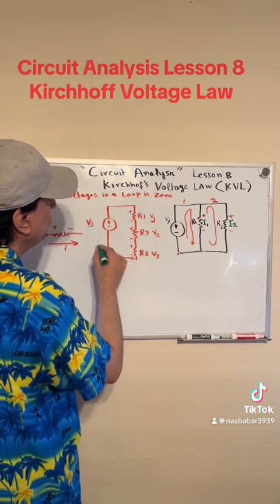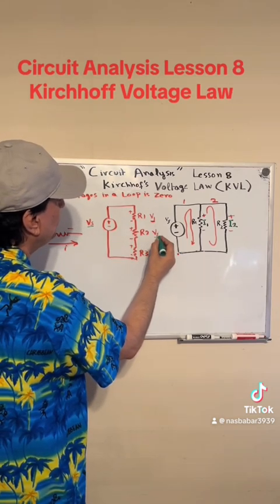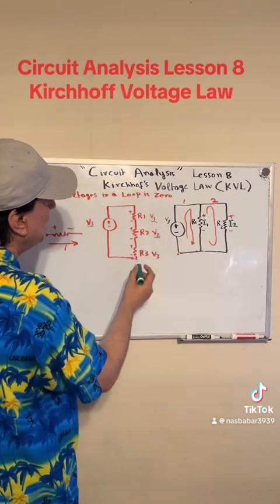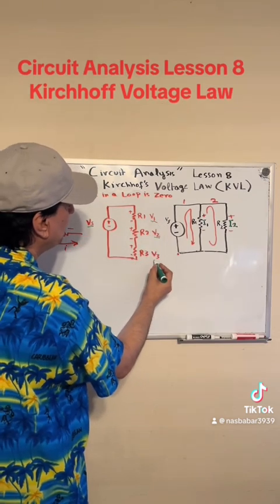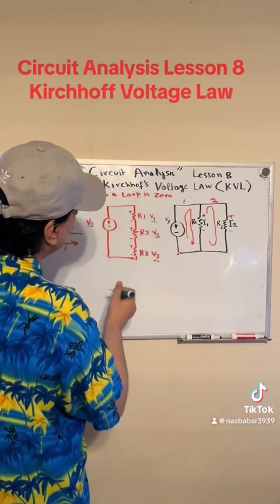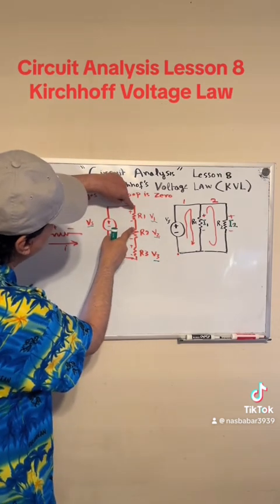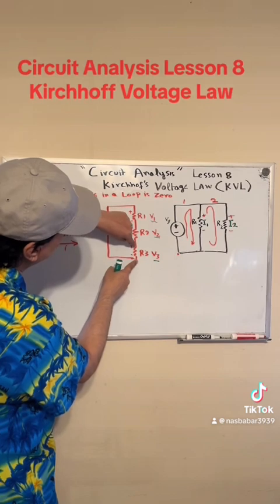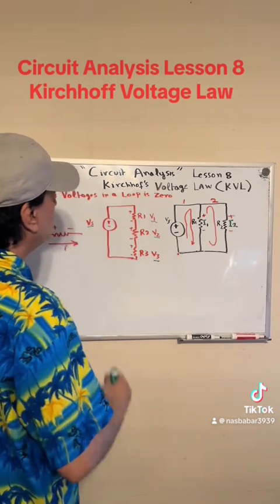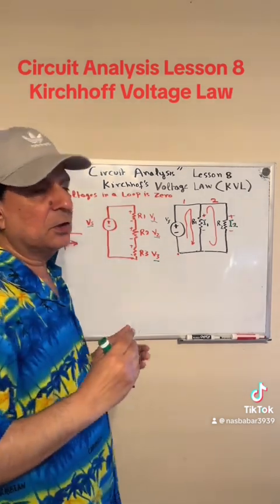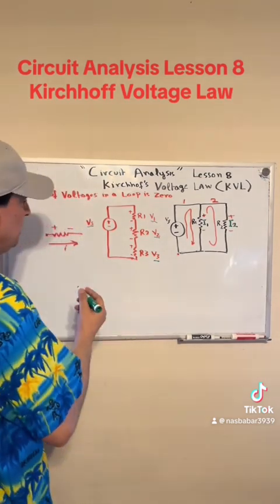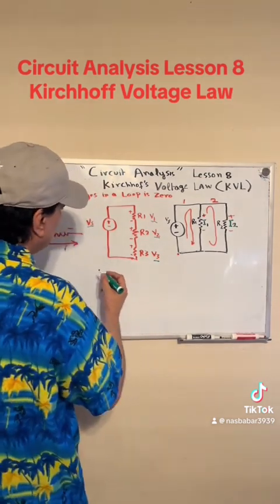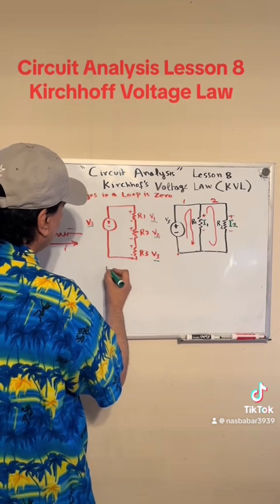I have R2, and the voltage drop over here is V2. And then I have R3, and the voltage drop over here is V3. So V1 is the voltage drop right here, V2 is the voltage drop right here, and V3 is the voltage drop right here. Now let's apply Kirchhoff's voltage law and see how it plays out. Let's write down an equation.